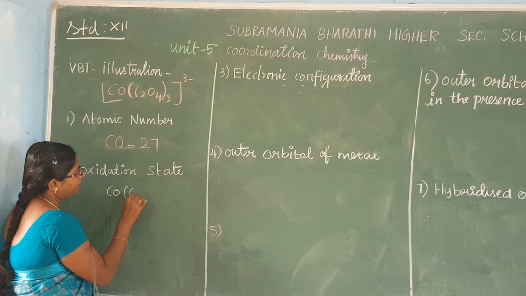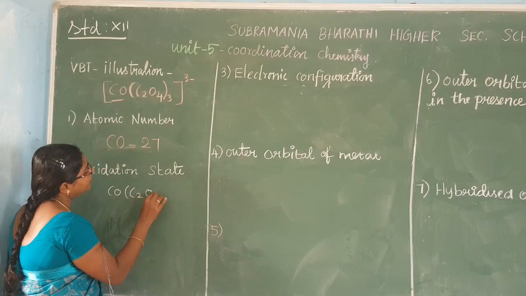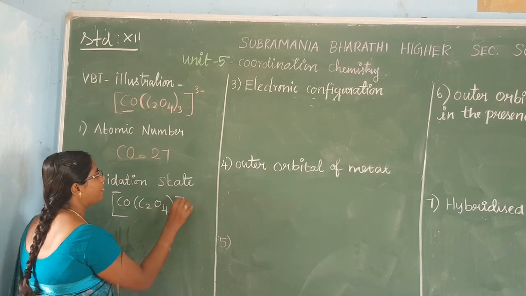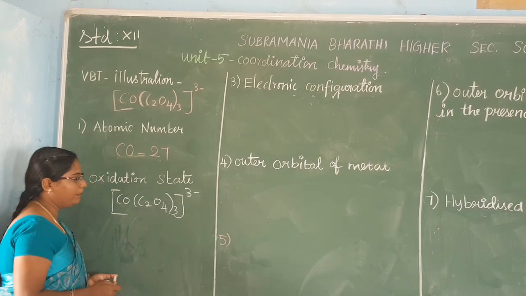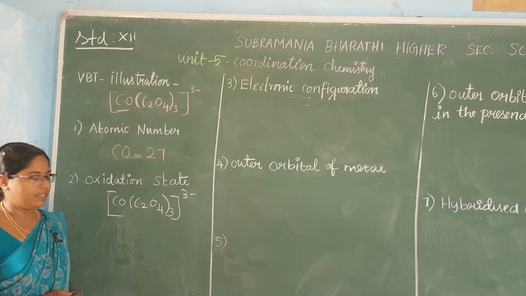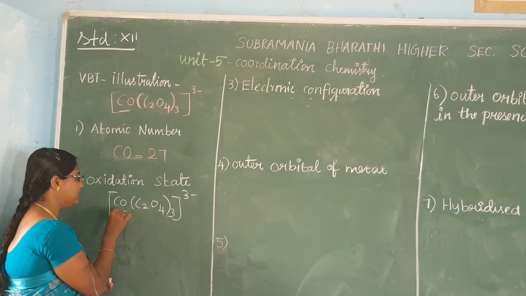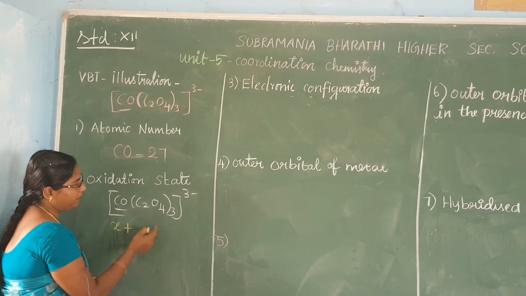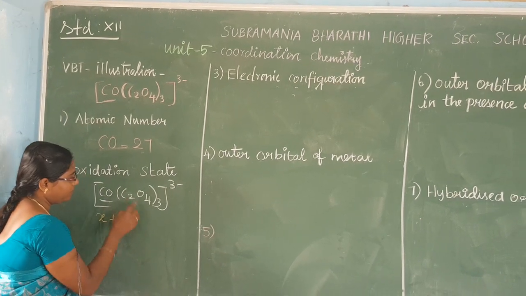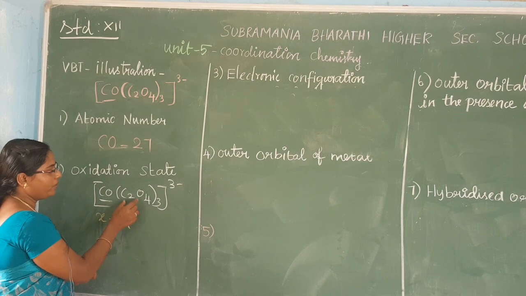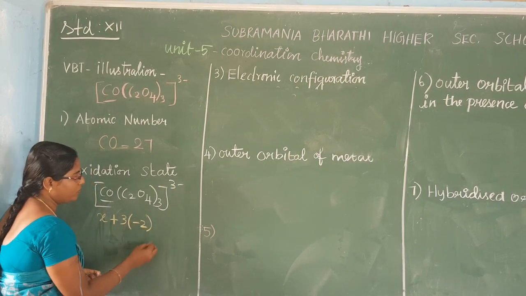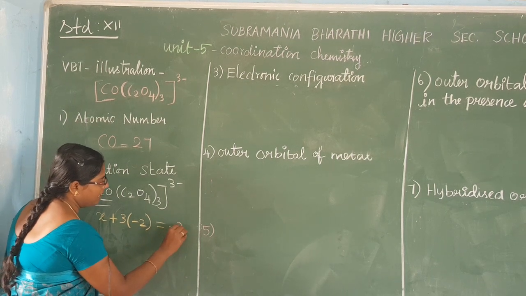So I am writing the complex here. This is our complex. I am going to find out the oxidation state for the central metal atom. I am keeping this as X, plus 3 into the oxidation number of this oxalate ion, which is minus 2, equal to minus 3.